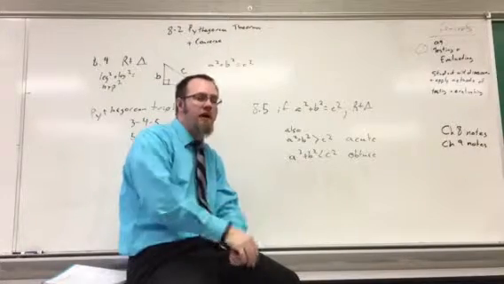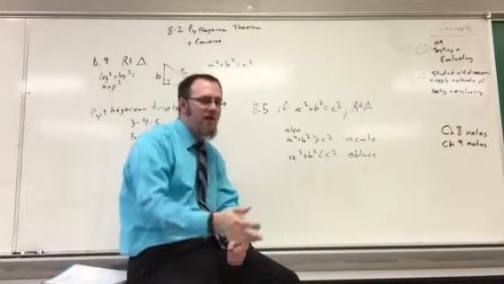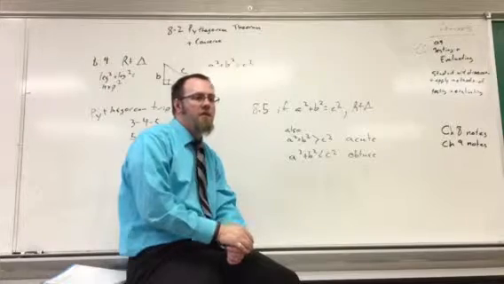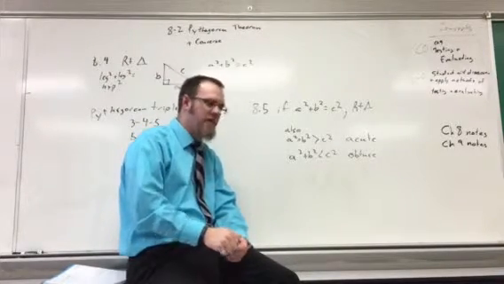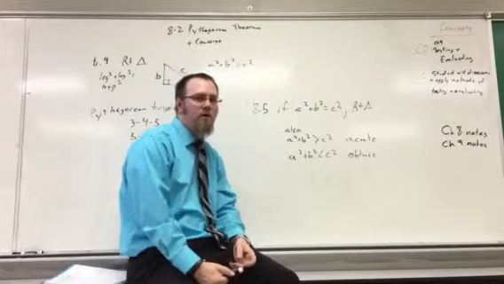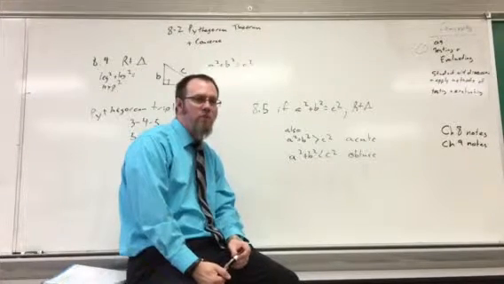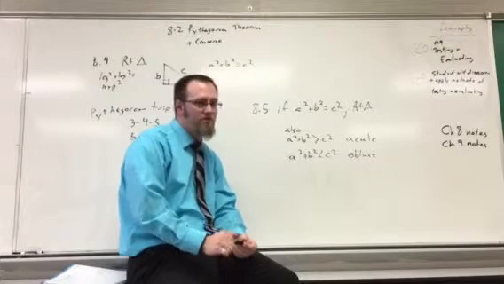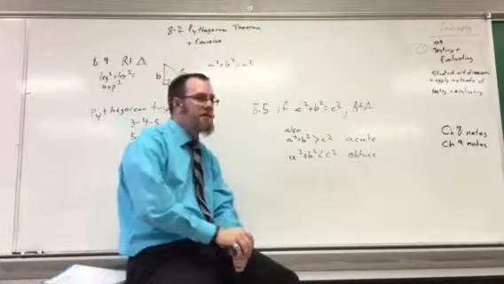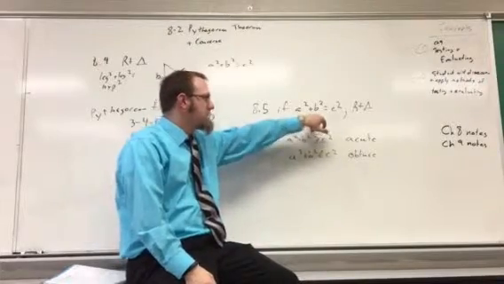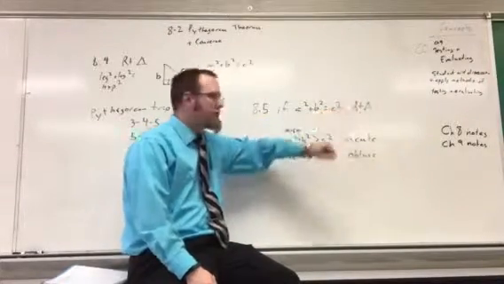If we have a leg that is 6 and we have a leg that is 8, and the other side then is 10, we know we are dealing with a right triangle, because a squared plus b squared is equal to c squared. If they just give you the measures and ask you to classify it, obviously if a squared plus b squared is equal to c squared, it's a right triangle.